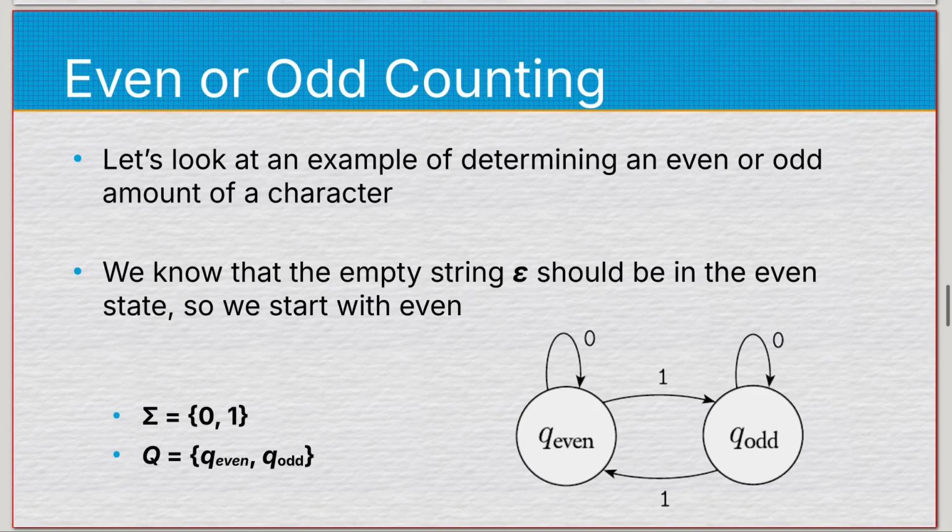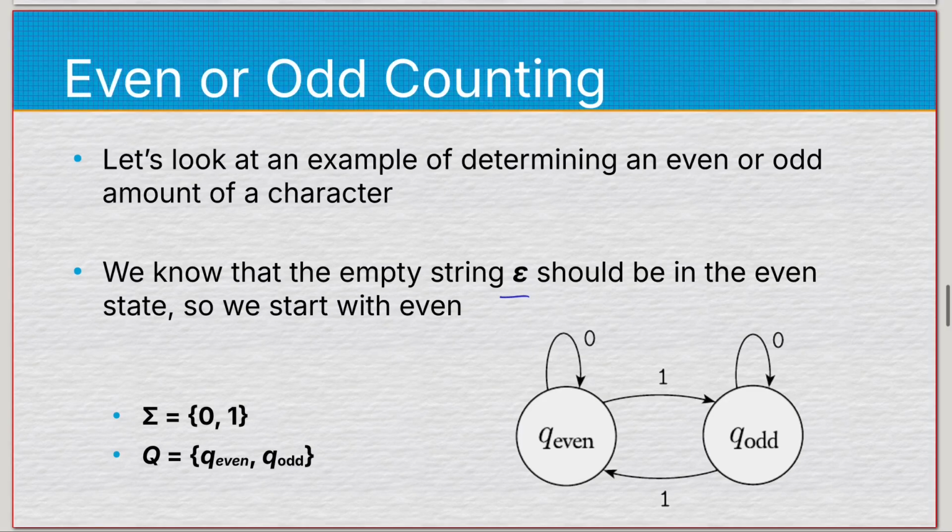We can also do something like determining if things are even or odd. And yes, I know technically we would need a start state and an accepting state here, but this is looking at a general approach for even and odd counting. So we know that the empty string, epsilon, should be in the even state, so our starting state is even because 0 is even.